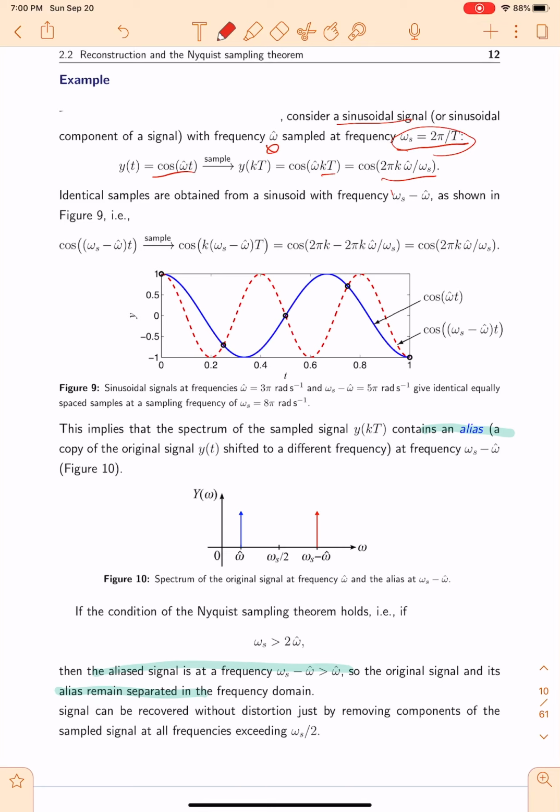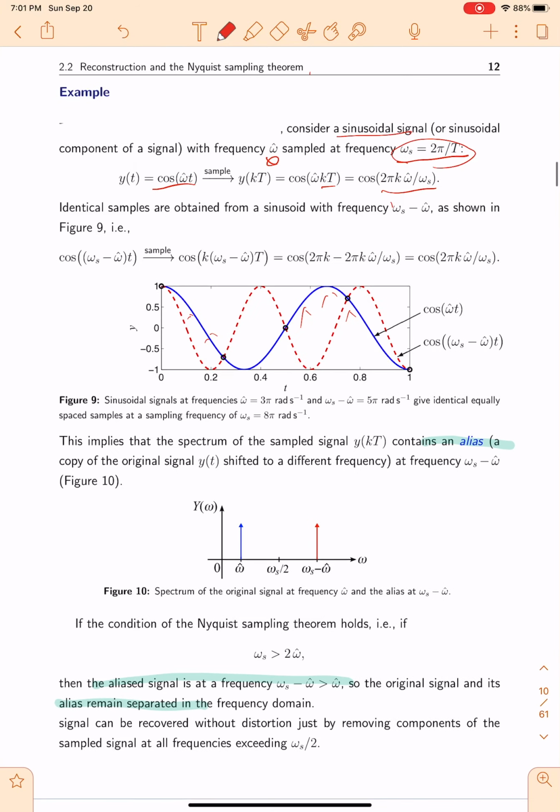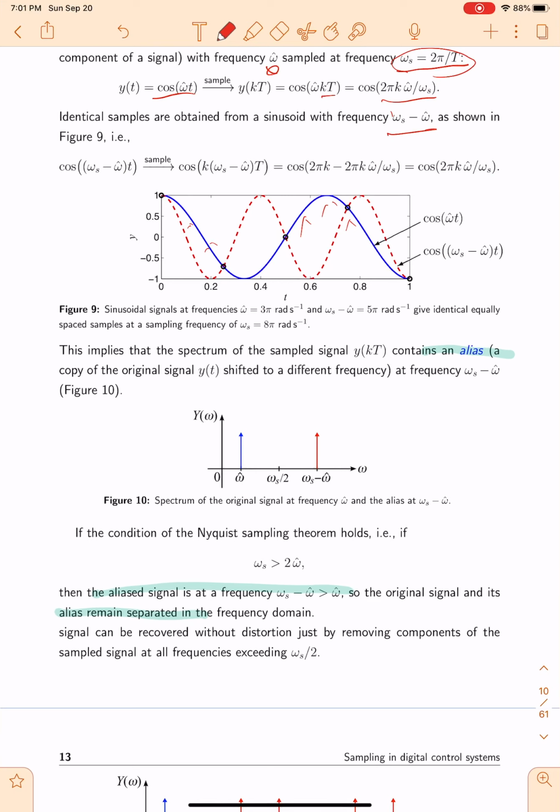You have to sample more, then you'll get the exact waveform you want. That's what it's saying here. So omega_s minus omega is another wave that we want to try, and this is called an alias.